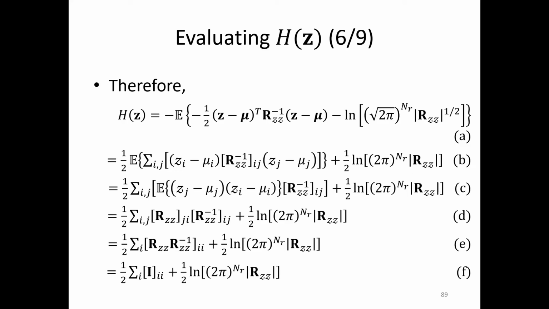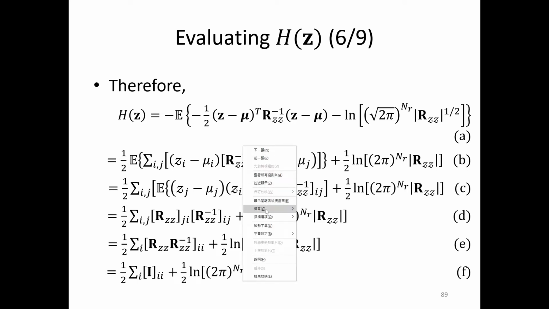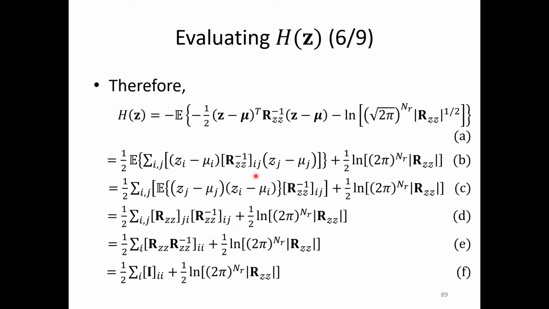So in the next equation, let me show you. We have derived the equation B, and equation C is equal to 1 over 2 summation ij of the expectation of zj minus mu j times zi minus mu i, and times Rzz inverse of ij.